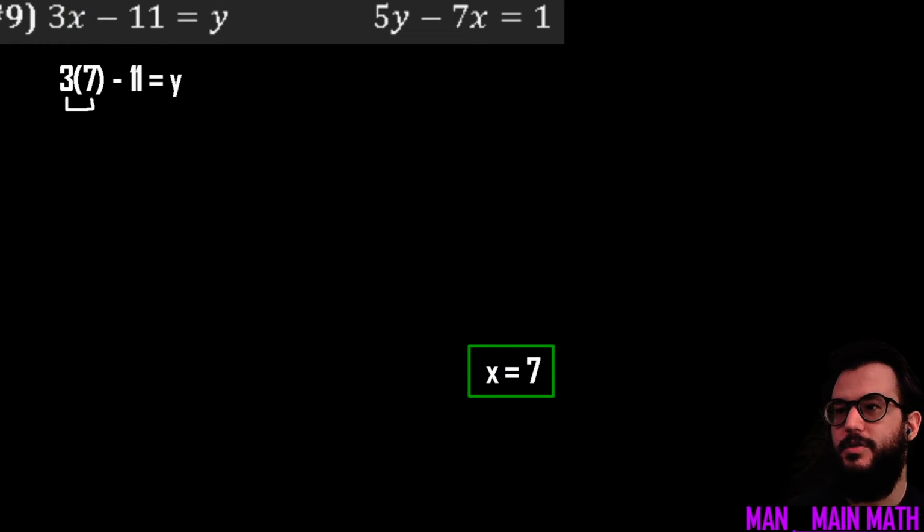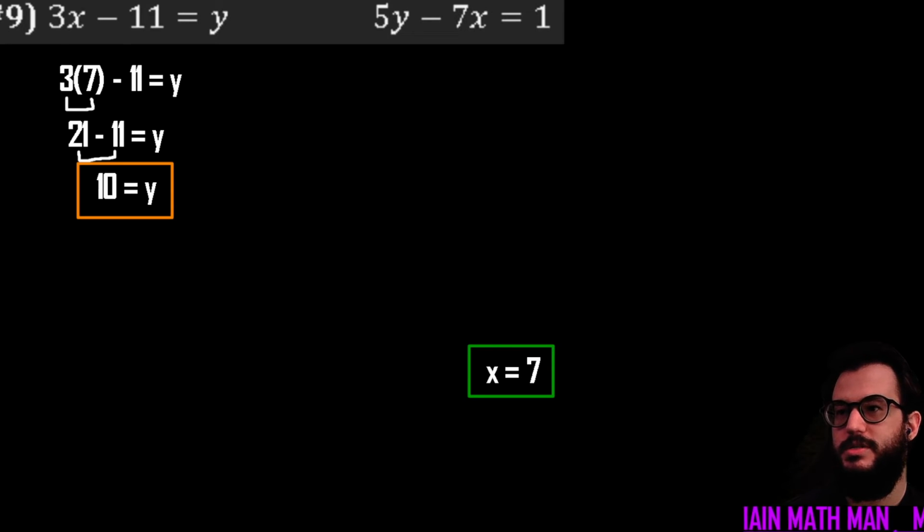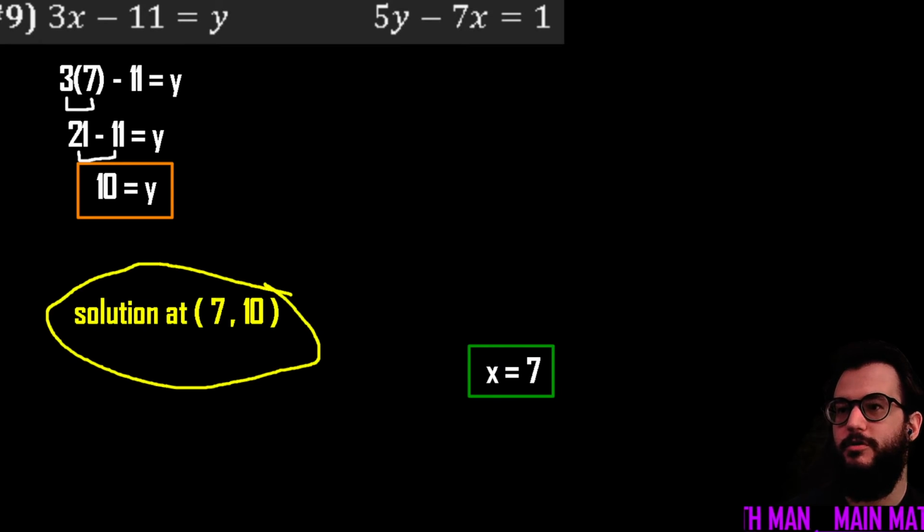Multiply carefully, so I do 3 times 7 is 21, minus 11 is going to be y. So I'm going to say y equals 10, which is going to be my value for y. Make sure you write it as an ordered pair, so I say my solution for the system is going to be the point 7, 10. So again, always in the form x, comma, y in parentheses.